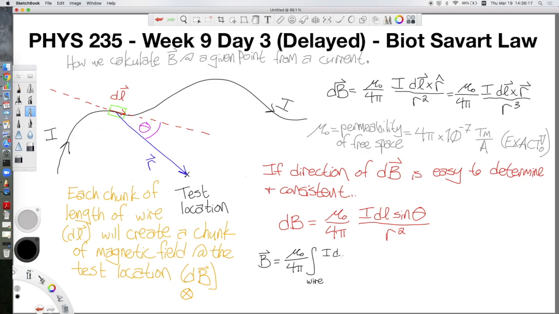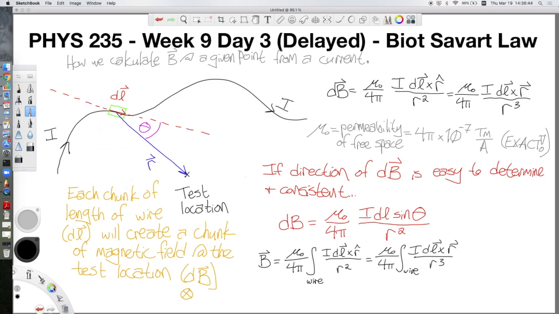I times dl vector cross r hat over r squared, or the same thing with the other expression I put above, without the r hat, with just regular vector r, this time over r cubed.